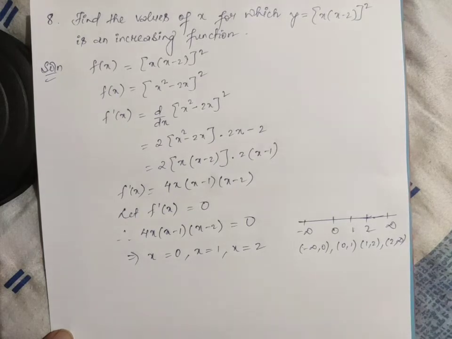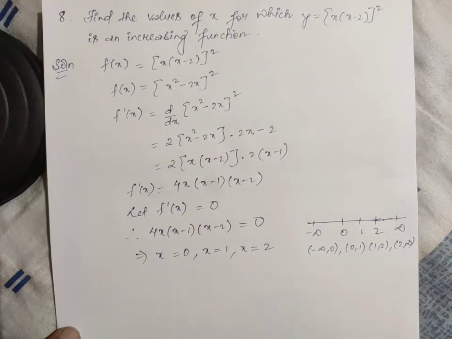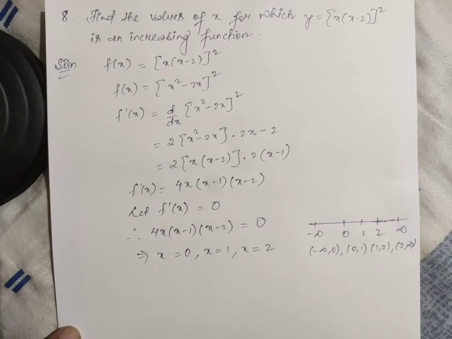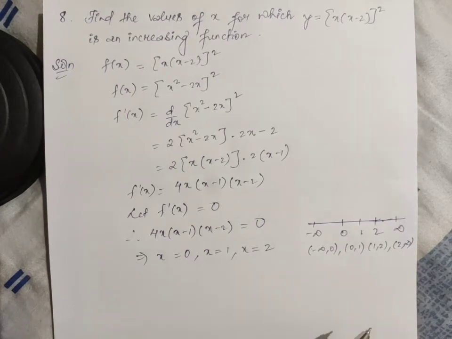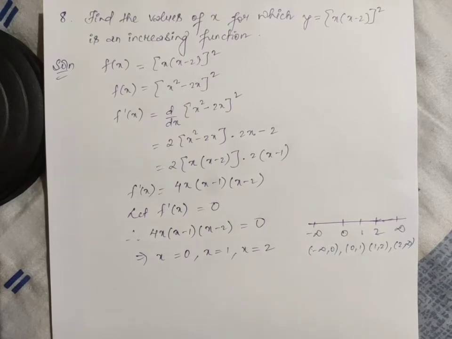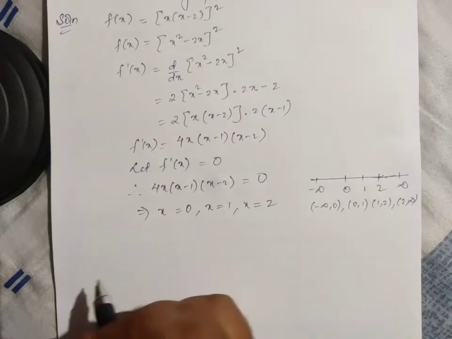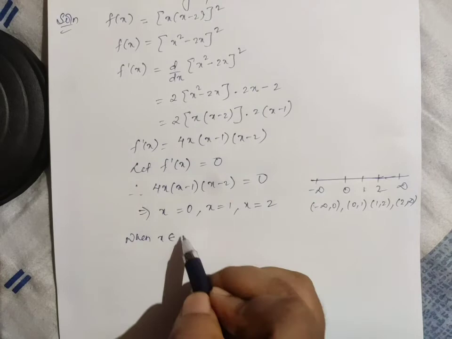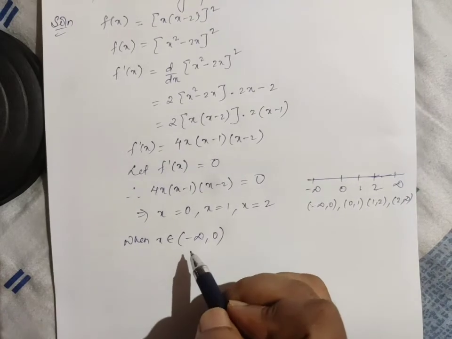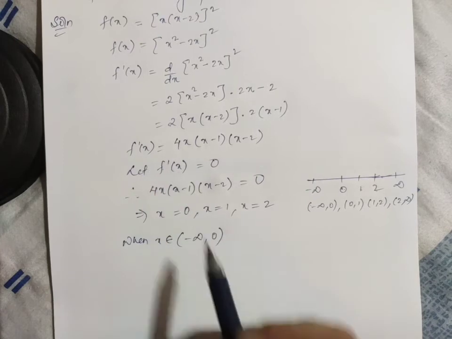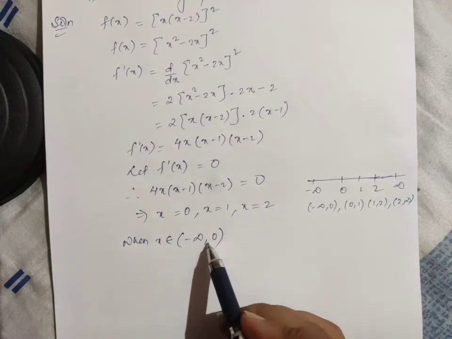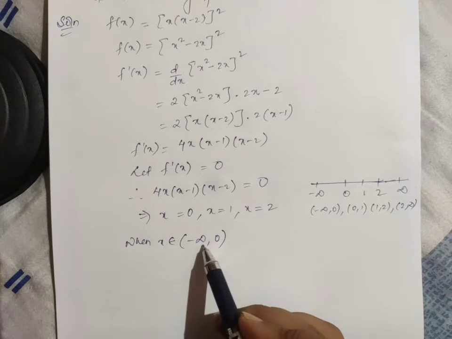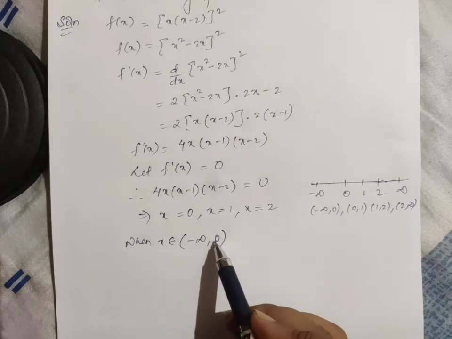So let us check one by one for which values of x it will be increasing and for which values of x it will be decreasing. If we get a negative value, that means it is decreasing, and if we get a positive value, that means it is increasing. When x belongs to minus infinity comma 0, let us take any one value between them, say minus 1.